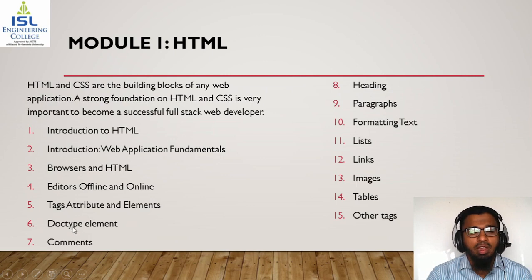And this is the doctype. This is very important when you are writing the code. The HTML full form is hypertext markup language. This is one type of markup language.